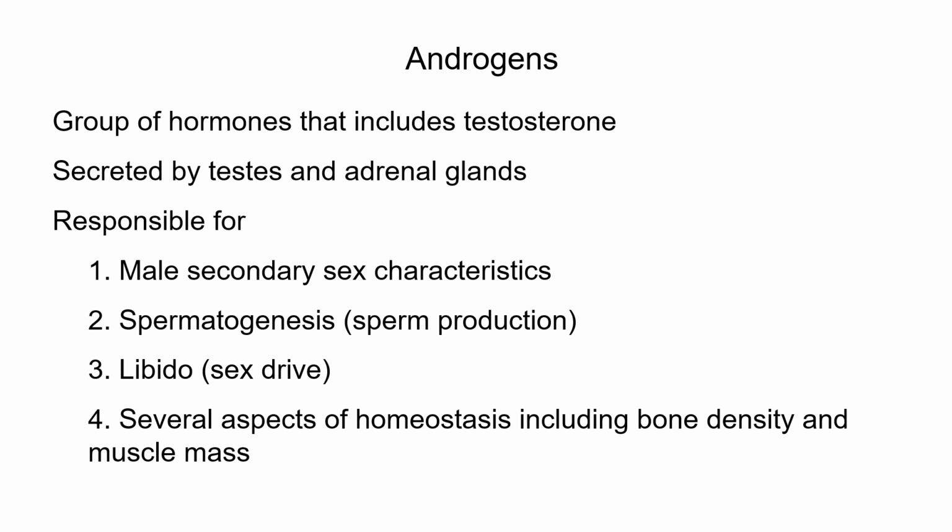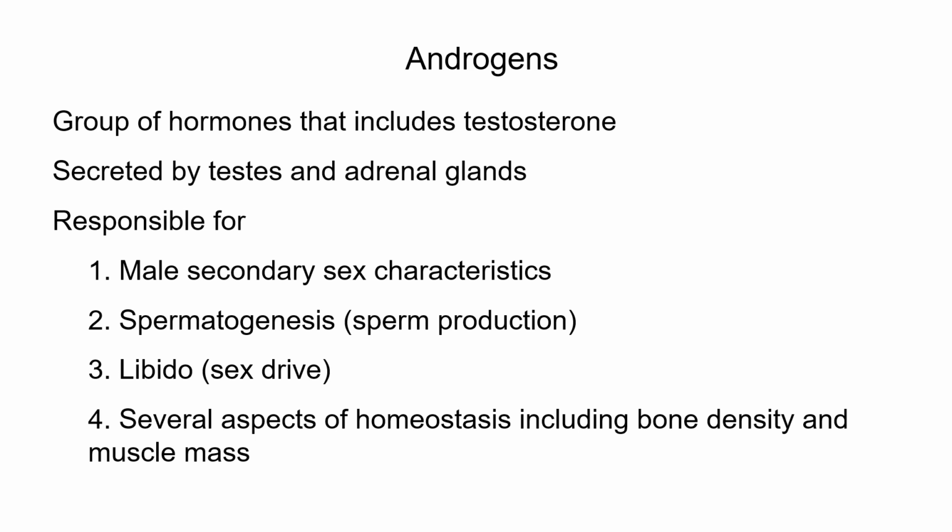So androgens are produced by the testes and the adrenal glands. So in the typical adult male body, the major source of circulating testosterone or androgens are the testes. And then in the adult female body, we also have androgens circulating in our blood, and the major source of androgens are the adrenal glands.